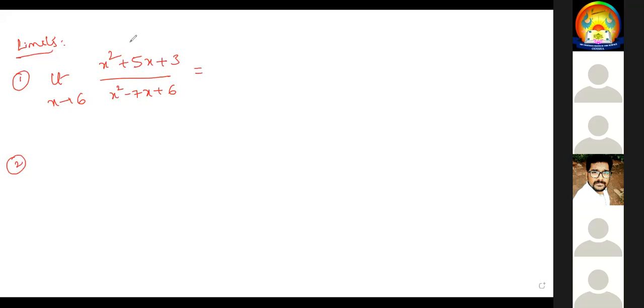y is equal to cot inverse of under square. Limit x tends to 3, x cube minus 6x square plus 11x minus 6 divided by x square minus 8x plus 15.